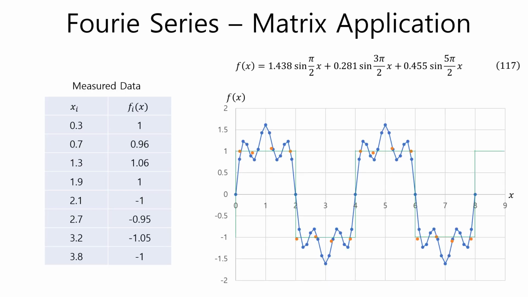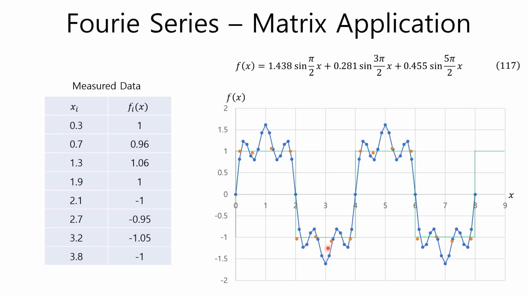Now that we have obtained the Fourier series equation 117, let us simply graphically verify that the calculation has been performed correctly. First, the measurement data was displayed in a Cartesian coordinate system as yellow dots. Next, the plot of fx obtained from equation 117 is shown.